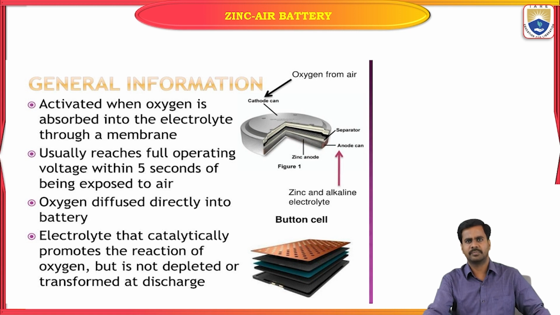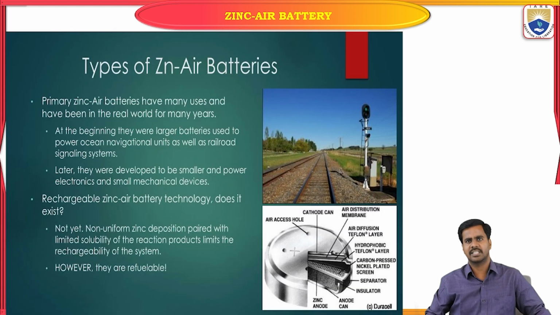Oxygen from the environment will diffuse directly into the battery. The electrolyte catalytically promotes the reaction of oxygen but is not transformed at discharge. Basically, zinc air battery is an example of a primary battery.